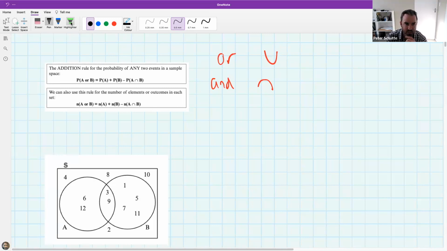There are two ways of writing it. The one is with an N. I want to ask you in the chat, what does the N stand for in probability?